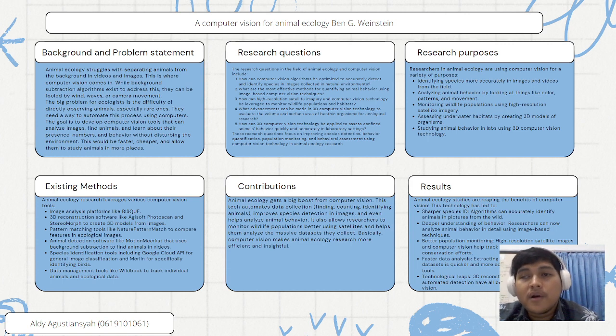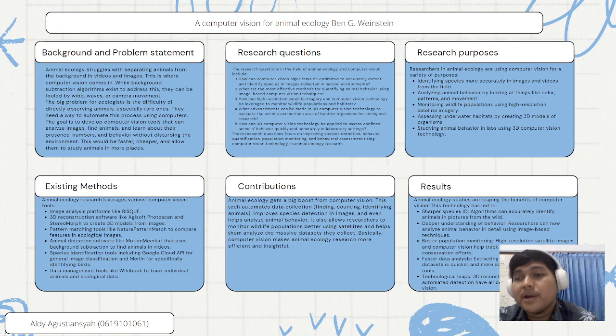So for the research purpose, researchers in animal ecology are using computer vision for a variety of purposes. 1. Identifying species more accurately in images and videos from the field. 2. Analyzing animal behavior by looking at things like color, pattern, and movement. 3.